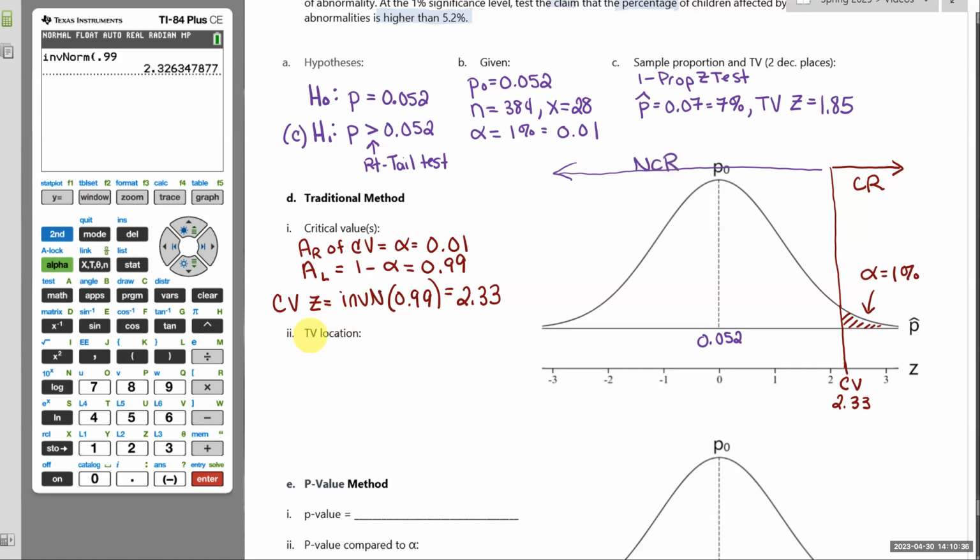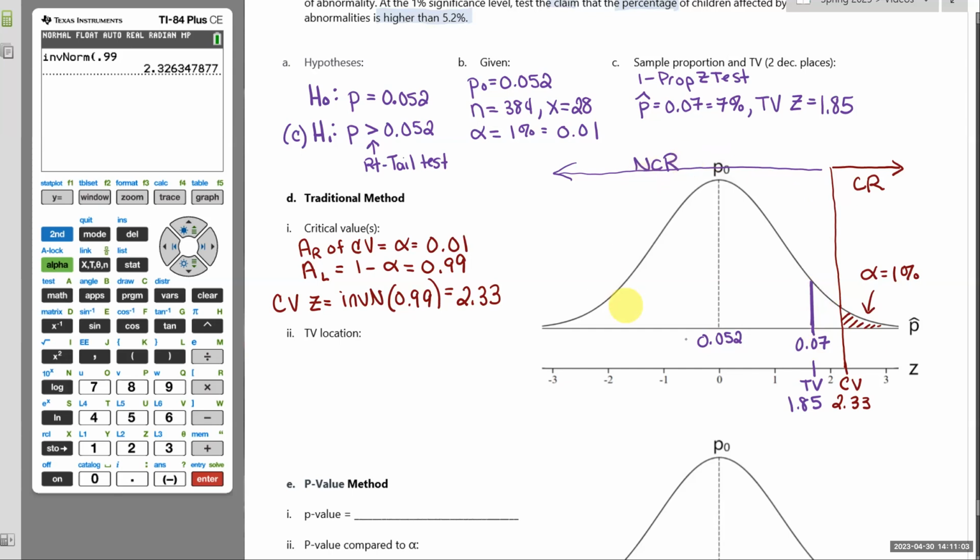And then we're ready to see where our test value is located. So it's the z-score for the test value, 1.85. So that would be around there. That tells me that that p hat, 0.07, is to the right of 0.052, but it has not made it into the critical region.